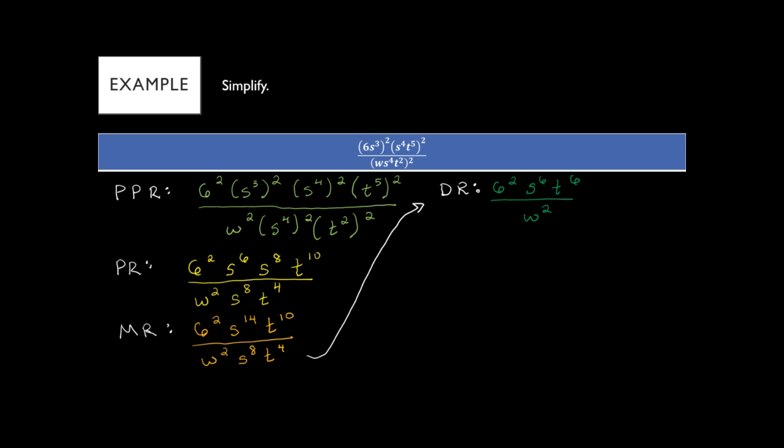And now the last step is to do 6 squared, which is 36. So we get 36 s to the 6th, t to the 6th over w squared. And that is your final answer.